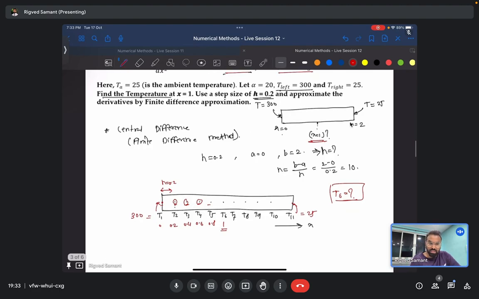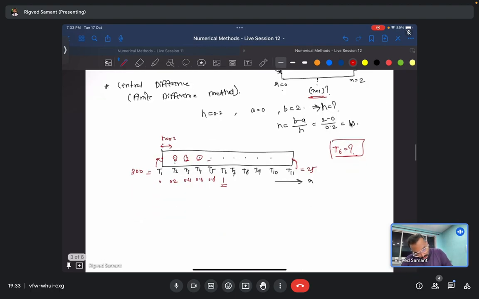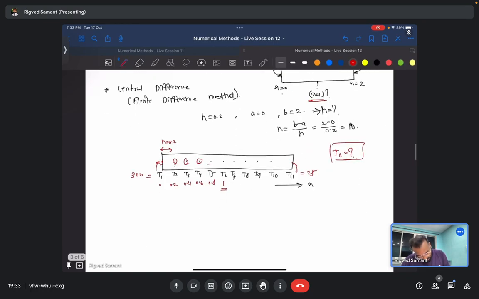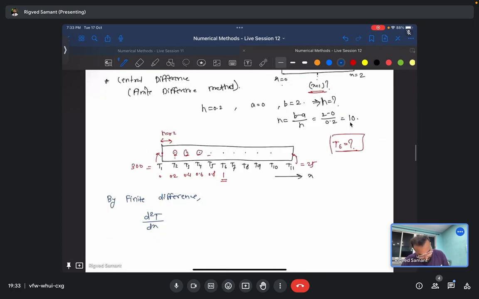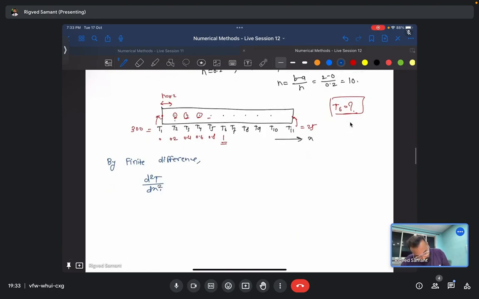The central finite difference approximation is such that d square T by dx square, for point i, we can write as T(i plus 1) minus 2T(i) plus T(i minus 1) divided by dx square, where dx is this h.